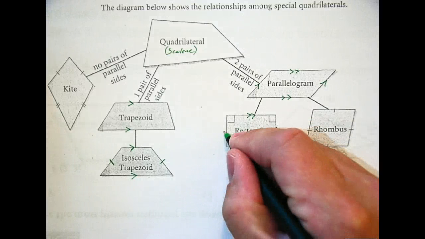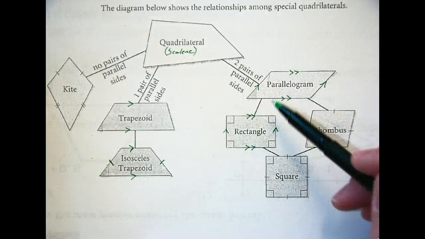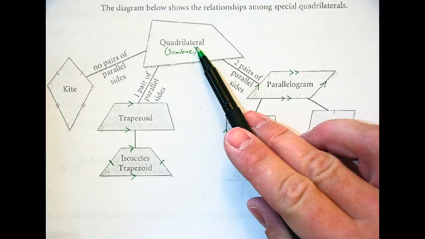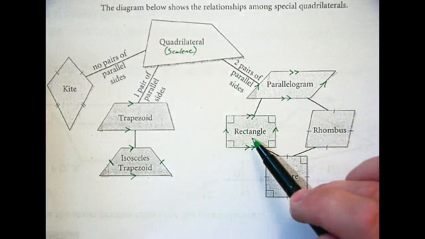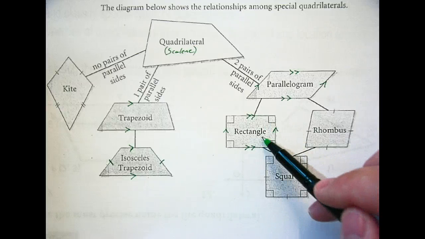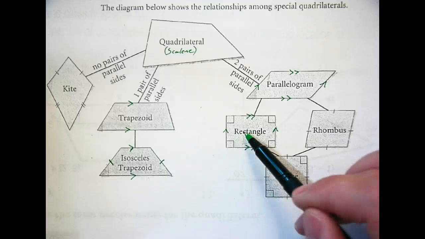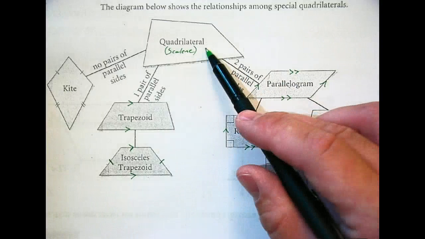So note that a rectangle is a quadrilateral. It's also a parallelogram. It's also a rectangle. It has four right angles. So the most specific name we can get for this shape right here is a rectangle. But it encompasses quadrilateral and parallelogram as well.